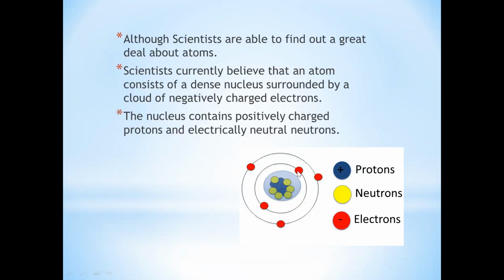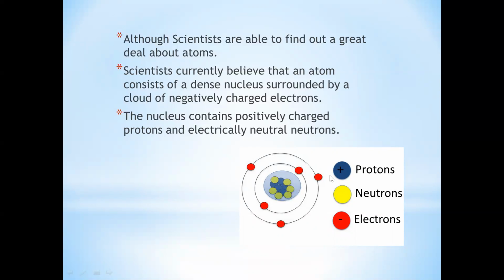Dear students, as I already mentioned, the electrons revolve around the nucleus, and these electrons are negatively charged particles. The atoms are surrounded by a sort of cloud of electrons around the nucleus. Inside the nucleus, as I mentioned earlier, protons and neutrons are present.